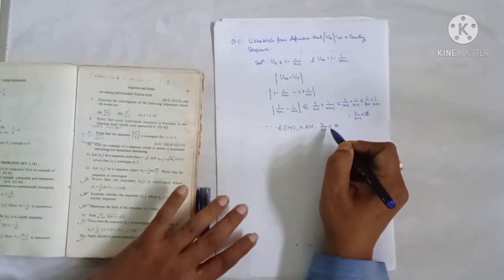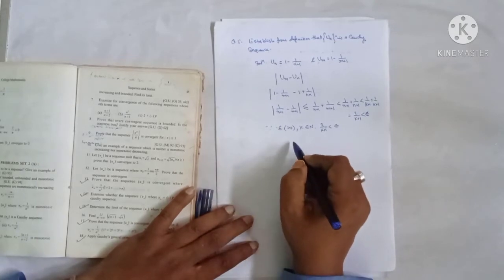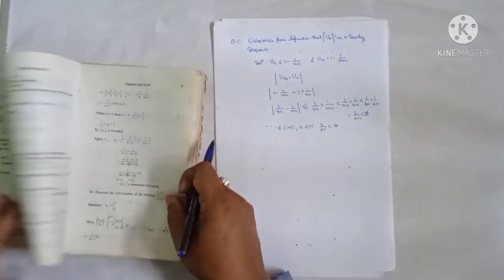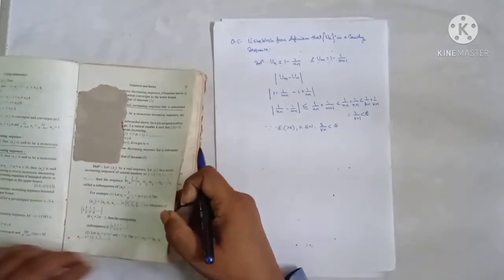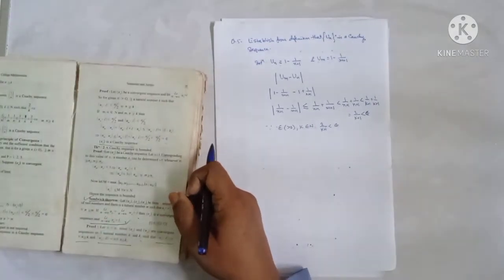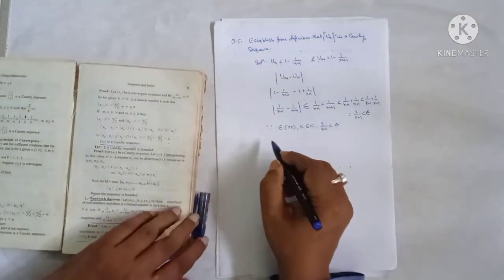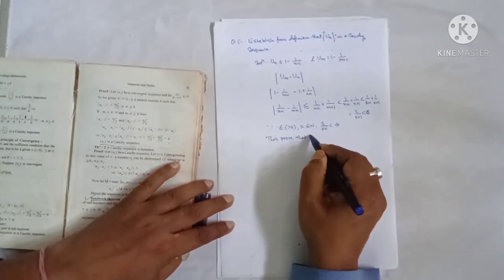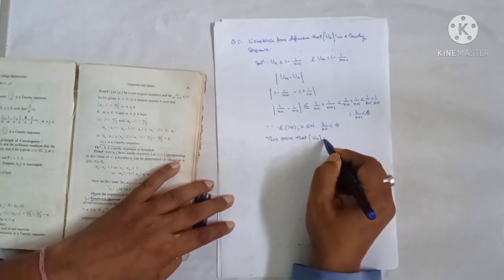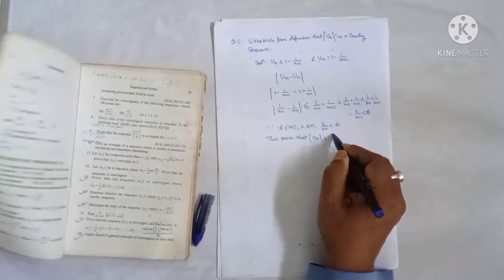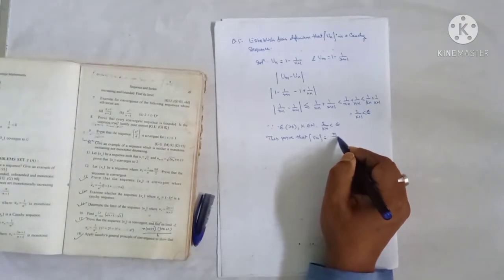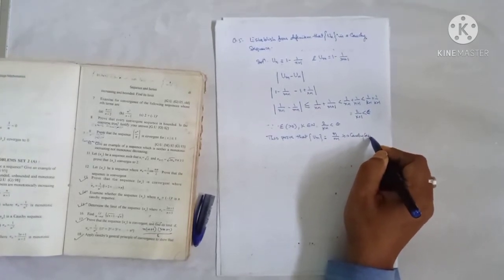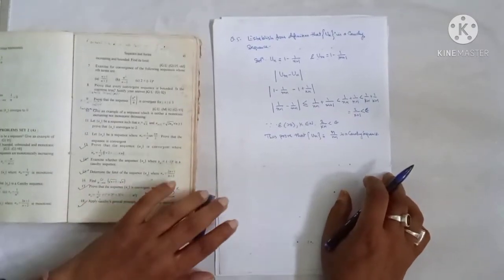So we can say that this proves that un is equal to n by n plus 1 is a Cauchy sequence. Now the rest of this you can do yourself.